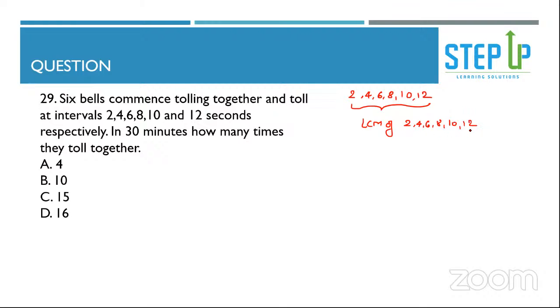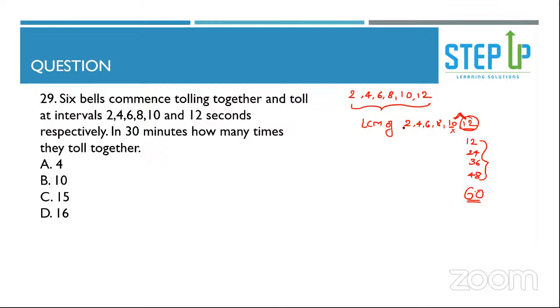The largest number amongst them is 12, and 10 is also there, so it has to be a multiple of 10 and 12. I can take multiples of 12: 24, 36, 48, but these will not be divisible by 10 for sure. So I'll directly move to 12 into 5, 60.